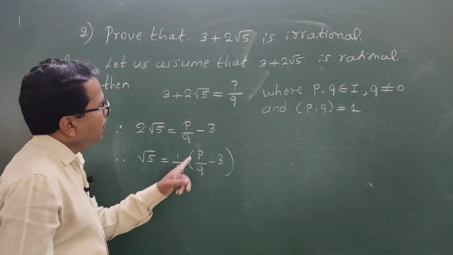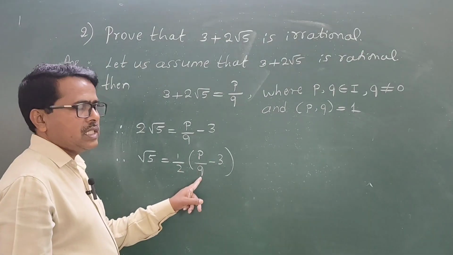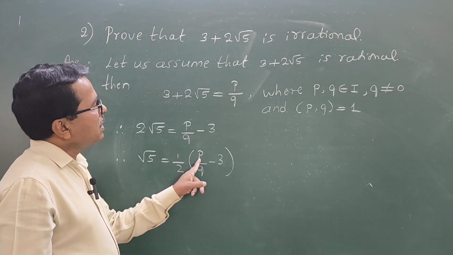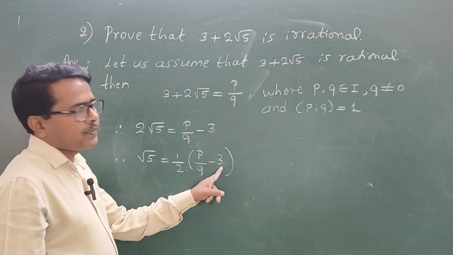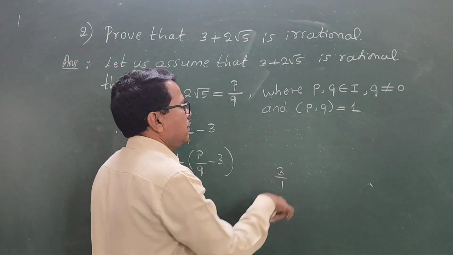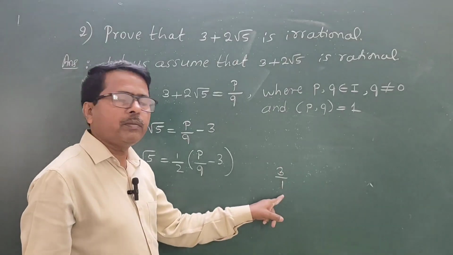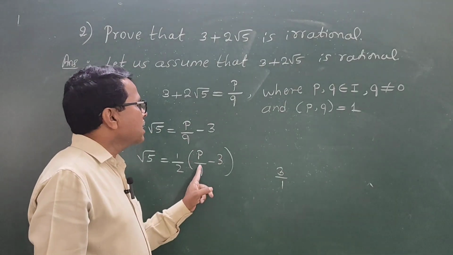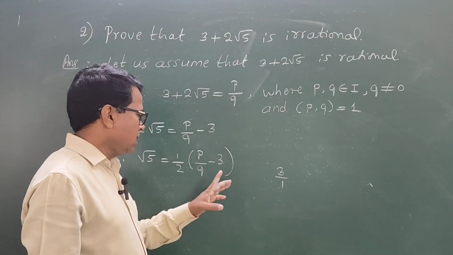Now, students, p is integer, q is integer. Okay, p by q is rational. Rational minus rational. This 3 is also a rational number. Why? Because 3 can be written as 3 by 1, so it is also in the form of p by q. Rational minus rational is rational.